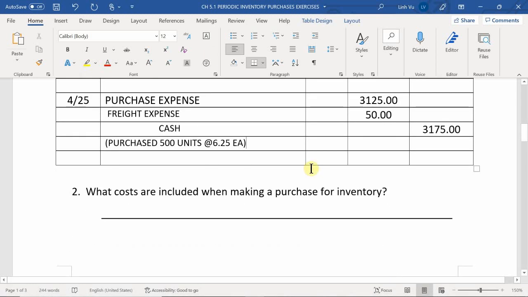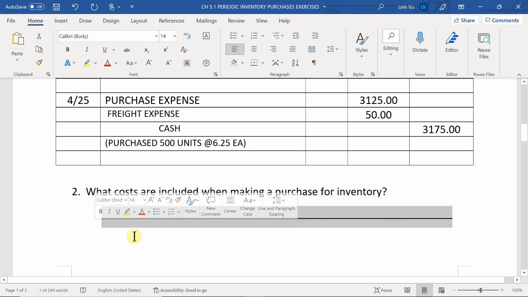Number 2, what costs are included when making a purchase for inventory?